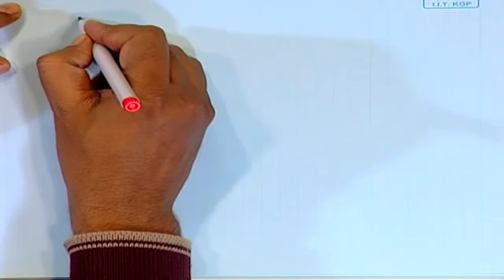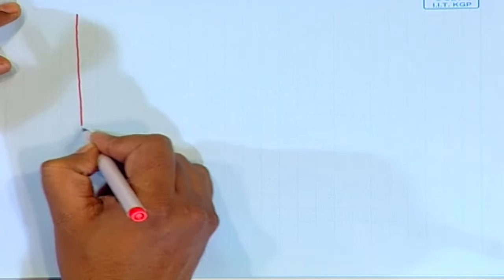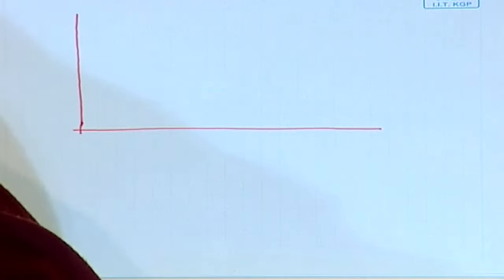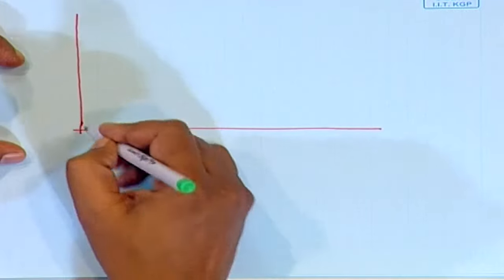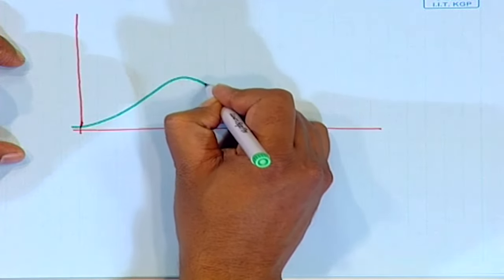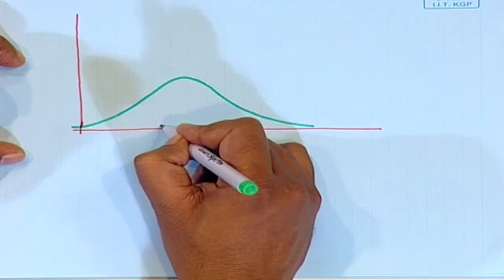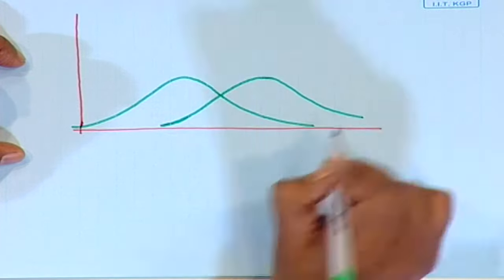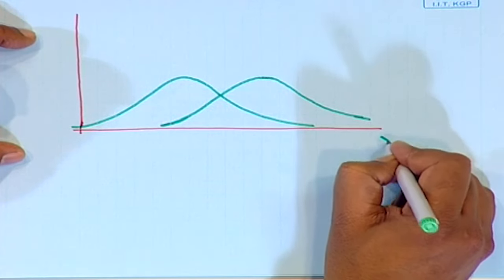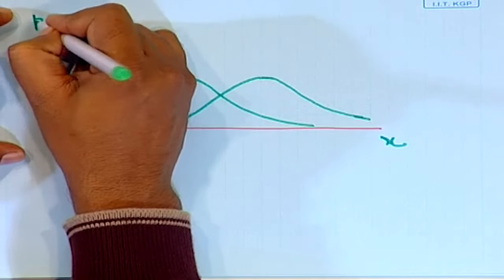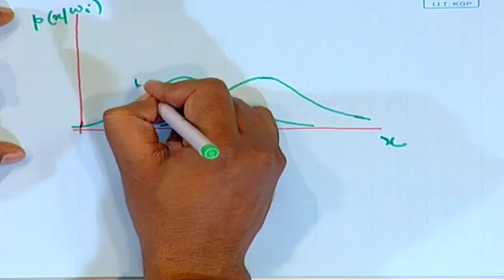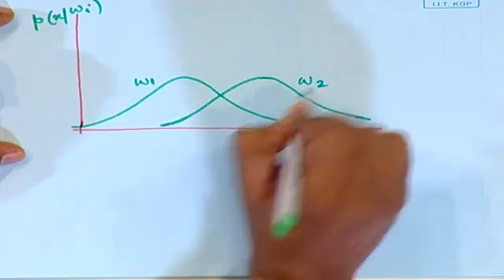So effectively it says that if the normal probability density functions are like this, again plotting in the univariate case, on this side I put x, and this is p(x|ω_i), and suppose this is for ω_1 and this is for ω_2.